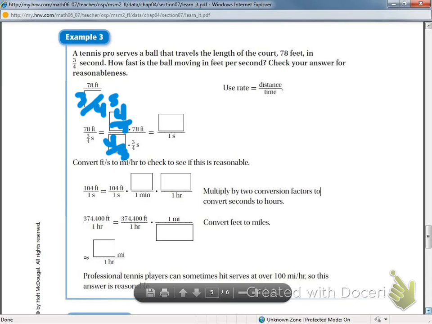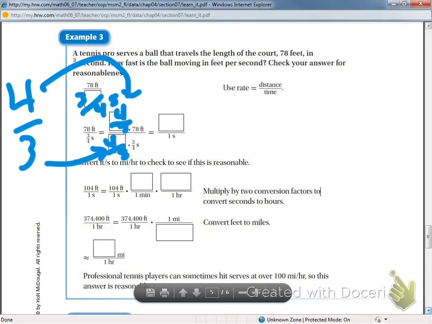I'm multiplying by 4/3 here and 4/3 here. So when I multiply by 4/3, this cancels out, and I get 1 second, and then 4/3 times 78 is 104 feet.